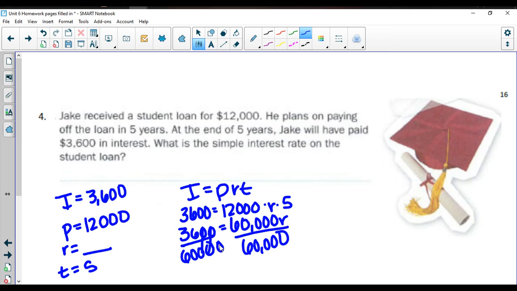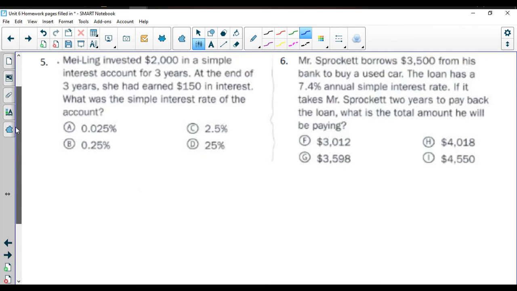I missed a 0 there. And that's going to give me 0.06 as my rate, which again has to change to a percentage. So 6% rate. And then questions 5 and 6 here.